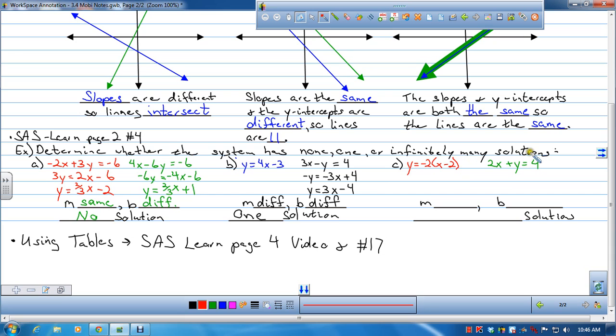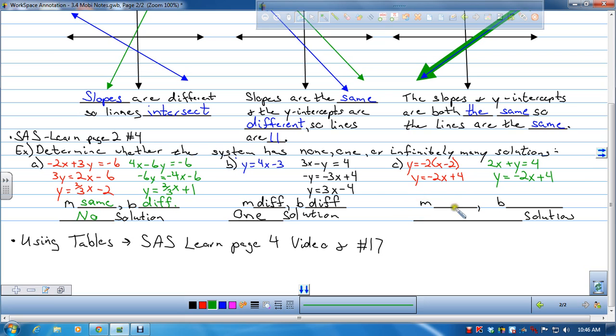Now for this last one, first things first, write it in slope-intercept form. So all I need to do is distribute this negative 2 through, right? So negative 2x, negative 2 times negative 2 would be positive 4. Now 2x plus y equals 4, that's standard form. To write it in slope-intercept form, all I need to do is move the 2x by subtracting, plus 4.